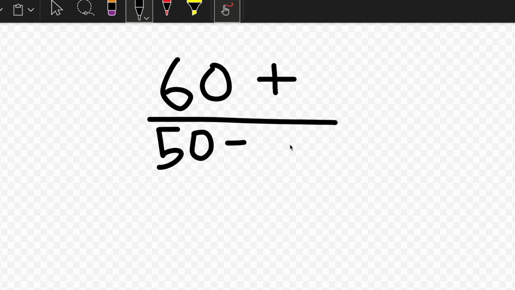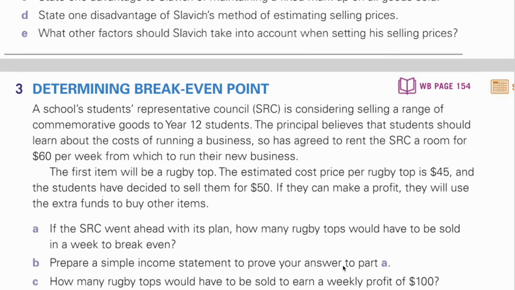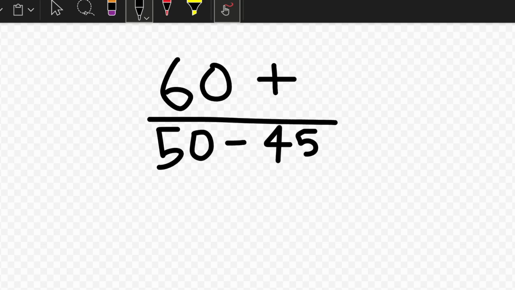Selling price is 50 and variable costs are 45. So now the addition that they added in this part is to earn a weekly profit of $100. How many rugby tops do they need to sell? So instead of 0 before, now it's $100.